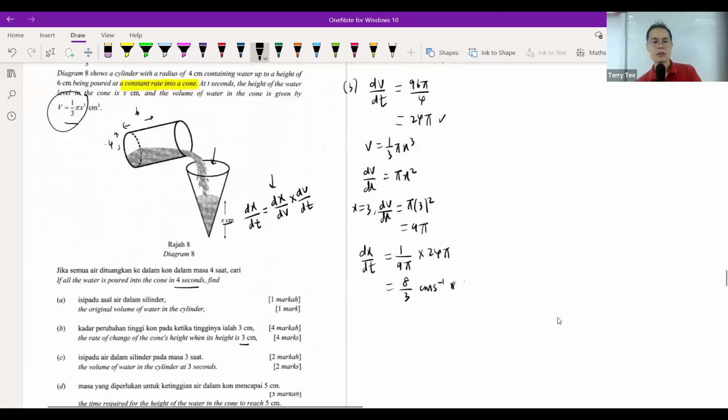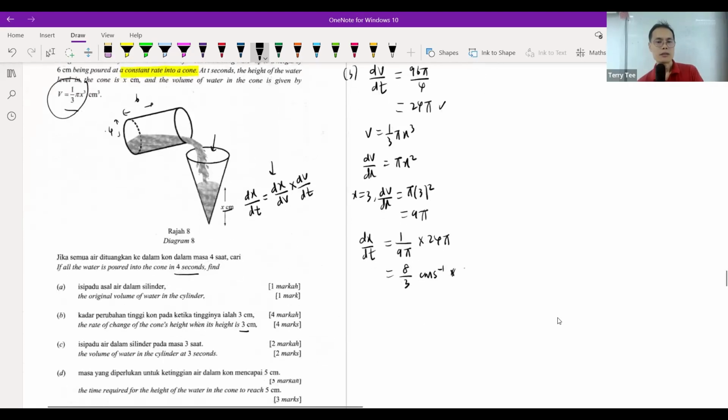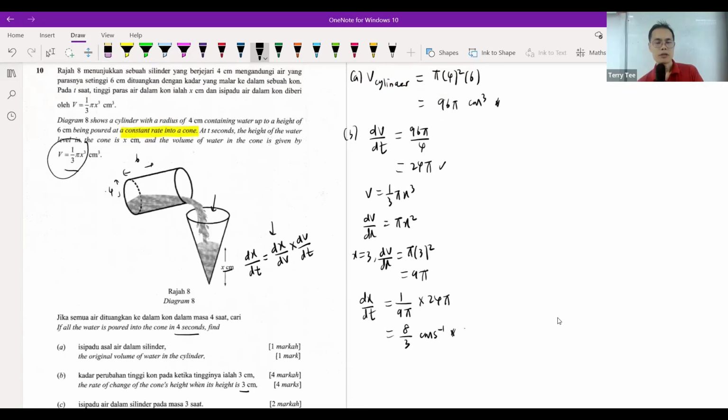Now, next, find the volume of water in the cylinder after 3 seconds, or at 3 seconds.